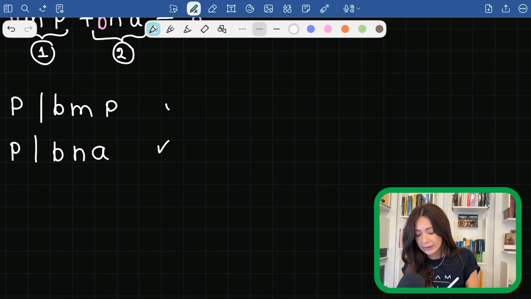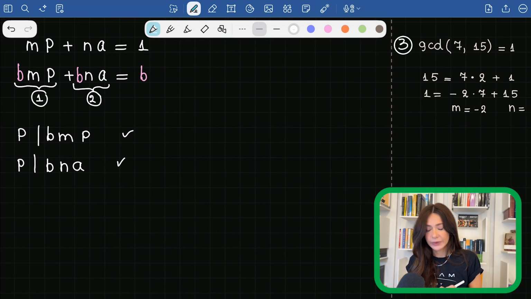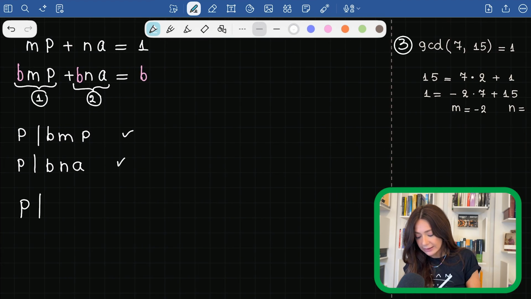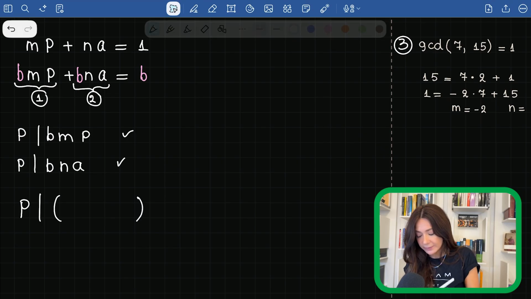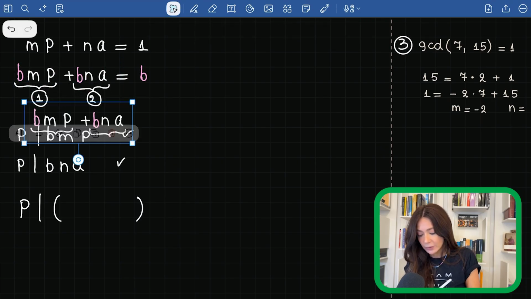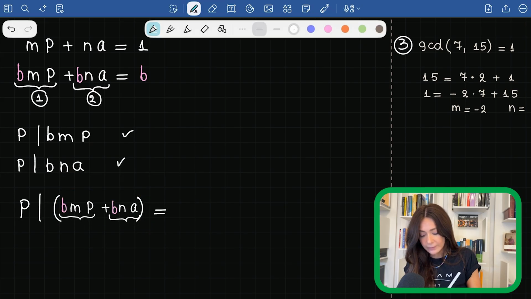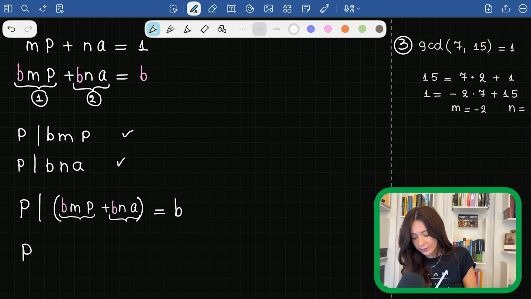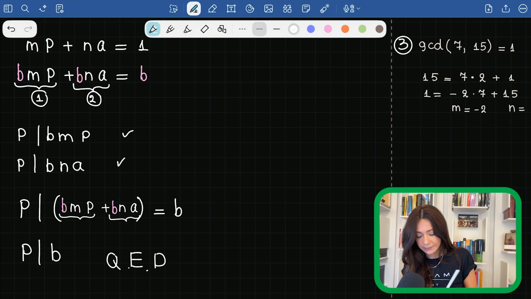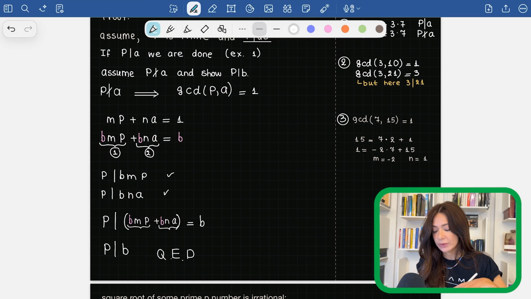So then it divides both of those things. Then P divides their sum, which happens to be B. Therefore, P divides B. Done. That is how you prove Euclid's lemma.